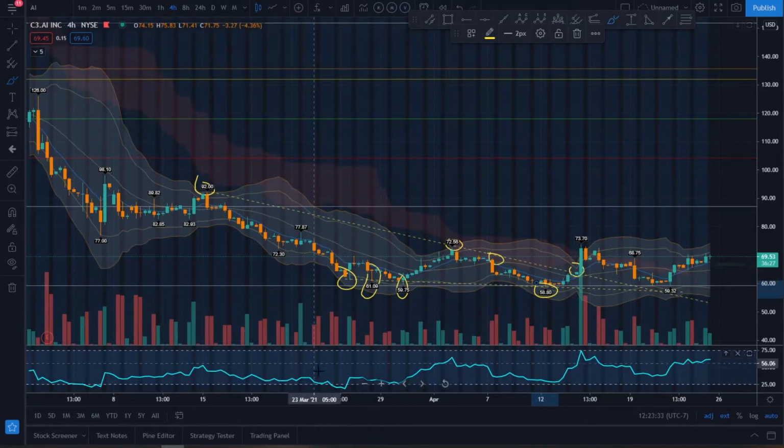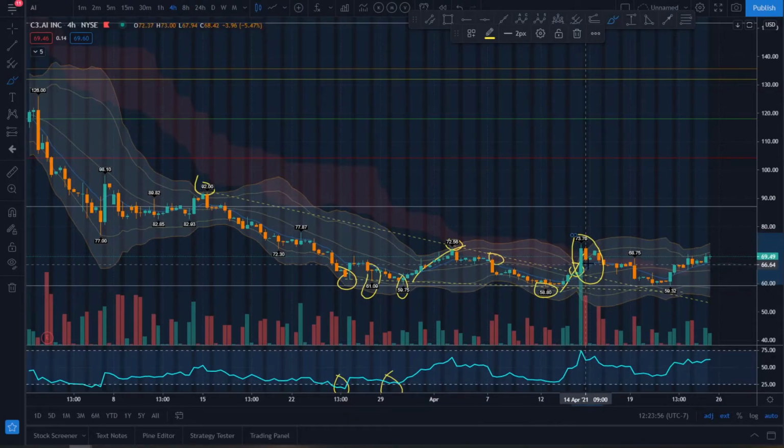What was good was that, as you see here, even within this falling wedge, it gave a 4-hour bullish divergence on this range here, and it led to this bullish move. And once again, it came back down, gave a little bit of bearish divergence on the 4-hour before actually breaking out. And you see this day here on volume as well.